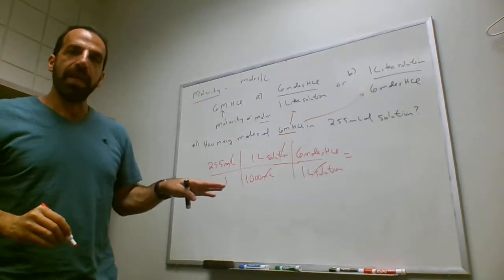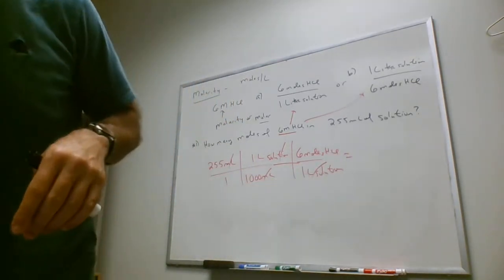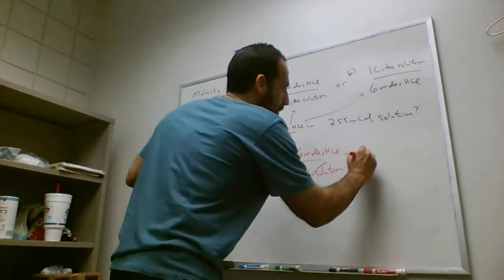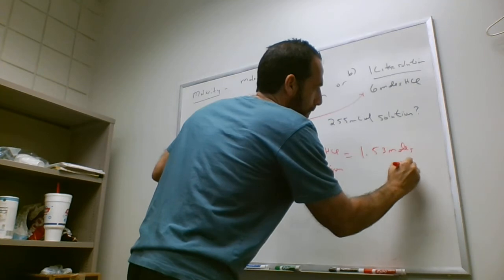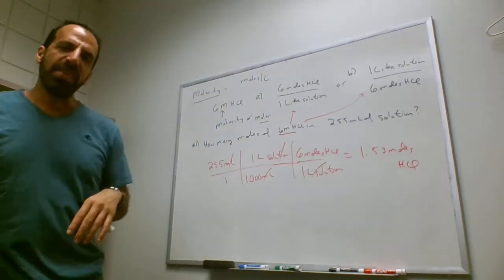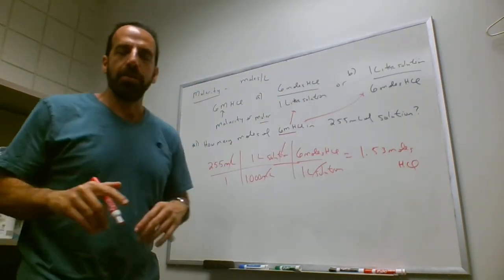My liters of solution cancel out. I'm left with moles, and when I do that, I'm actually going to end up with 1.53 moles of HCl. I'm not going to care how you round off that final answer.